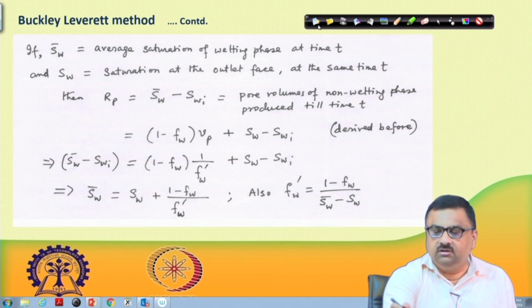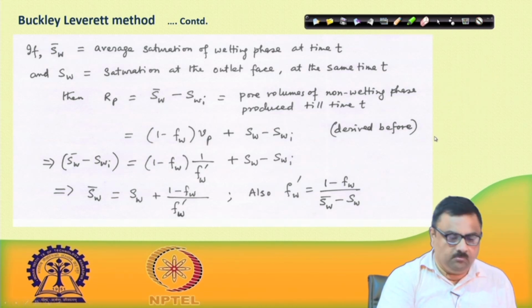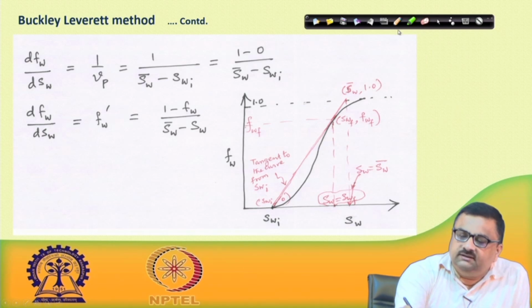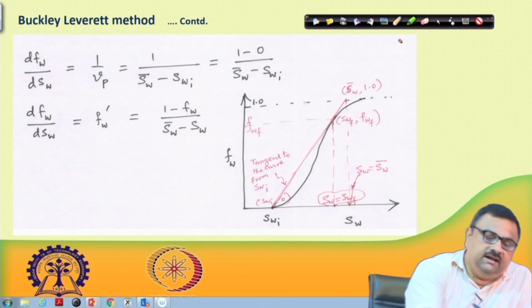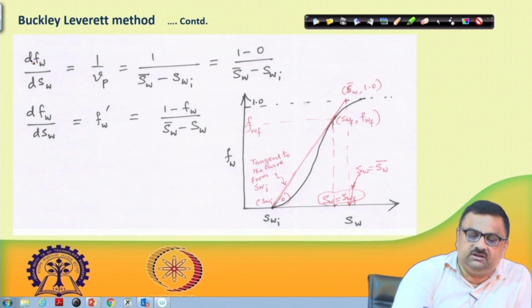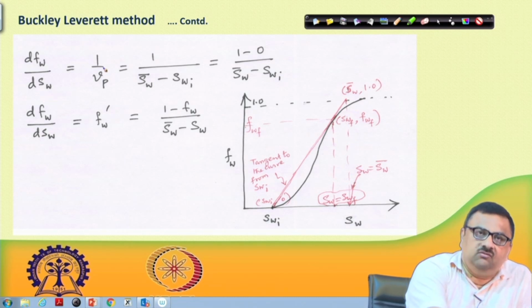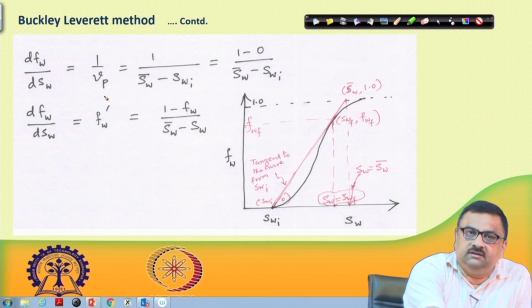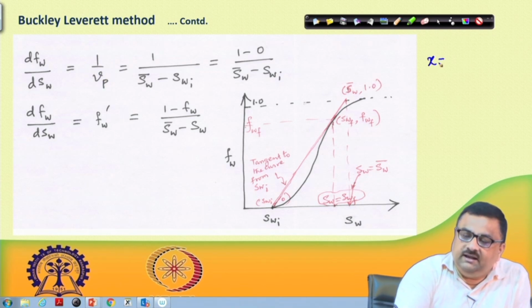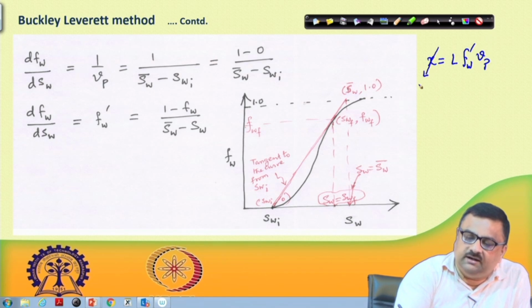Now, if we note further that dFw by dSw, this is the slope of the Fw-Sw curve at a particular Sw, that is equal to 1 by Vp, that is Fw prime is 1 by Vp, when we had written x equal to L Fw prime Vp, and then instead of x we put x equal to L, and this L was cancelled.